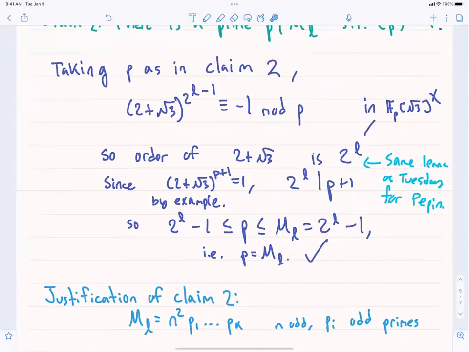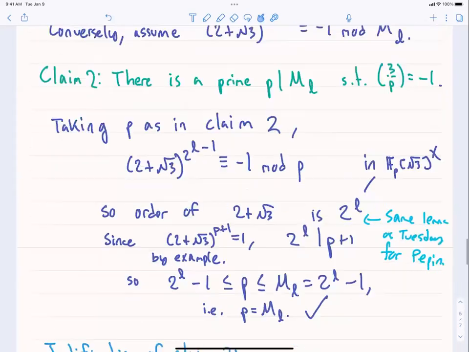So in fact p has to be equal to M_L, or 2 to the L minus 1. This is just like in Pepin's test, the kind of argument we made to show that under this condition the Fermat number was actually prime. So same here.